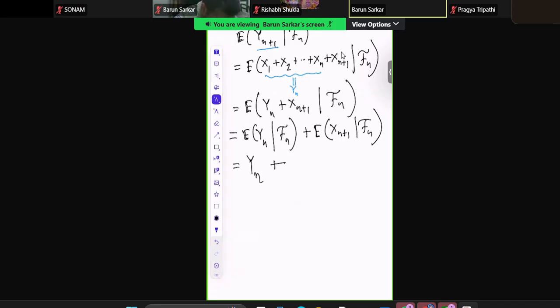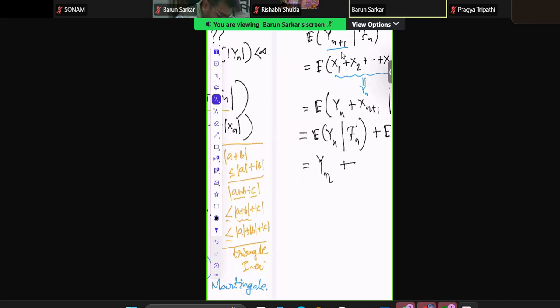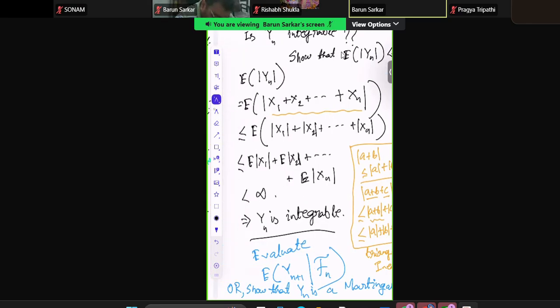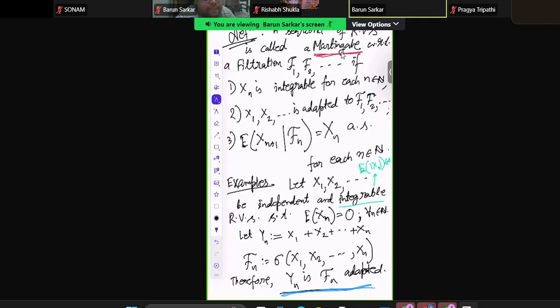And what about the second part, the expectation of Xn+1 given Fn? What is given to you is that the Xn's are independent random variables, and Fn is the sigma algebra generated by X1 to Xn.